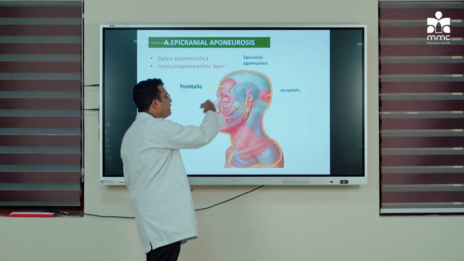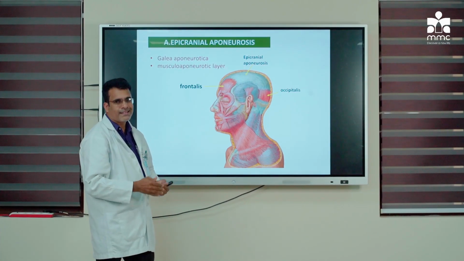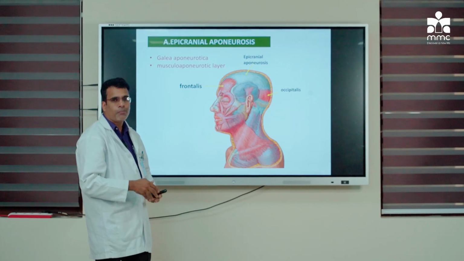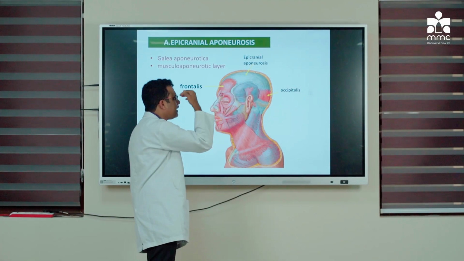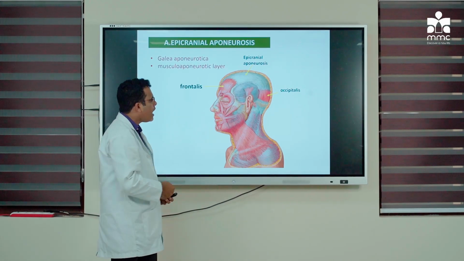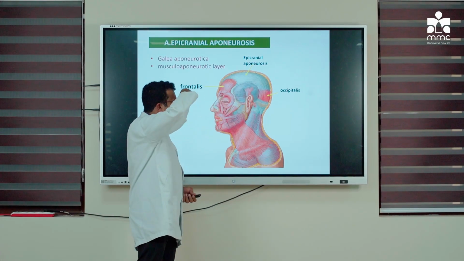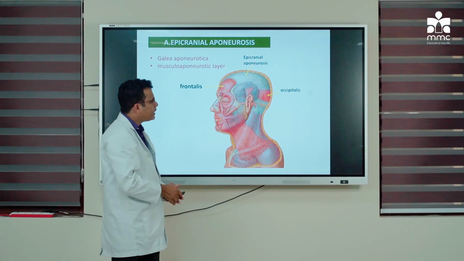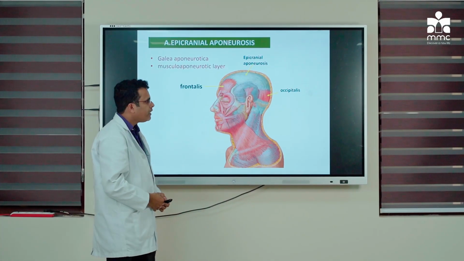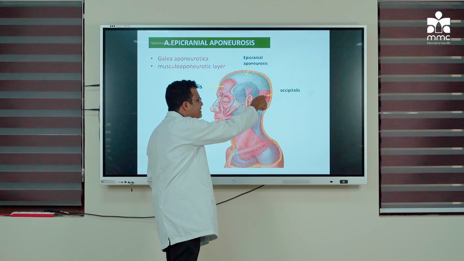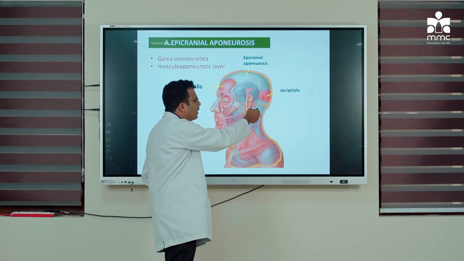Anteriorly, the frontalis muscle is special because it is devoid of bony origin. It arises from the skin of the forehead at the area of the superciliary arch, and the fibers travel backwards and upwards to be inserted to the epicranial aponeurosis. Posteriorly there is another muscle, the occipitalis.